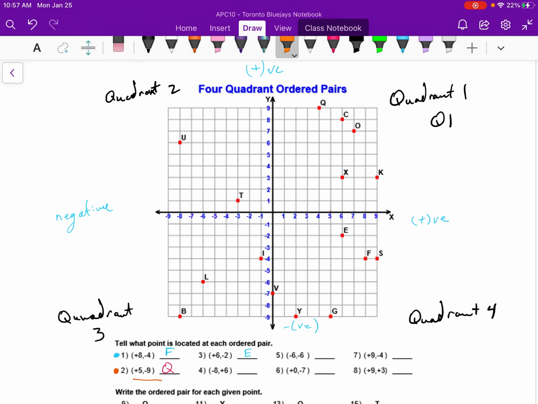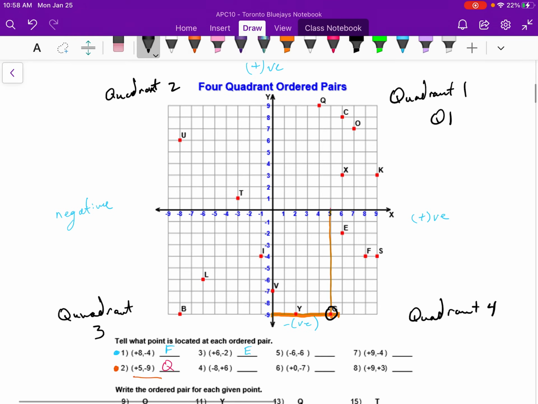All right, we're going to take a look where 5, negative 9 is. So I take a look where x is 5, where y is negative 9. What we see is this intersects at the letter G.